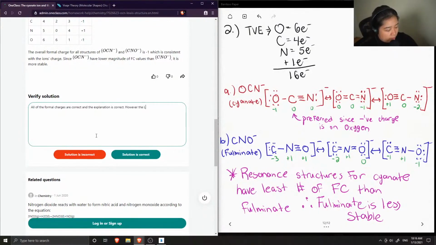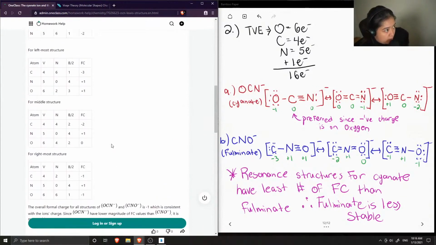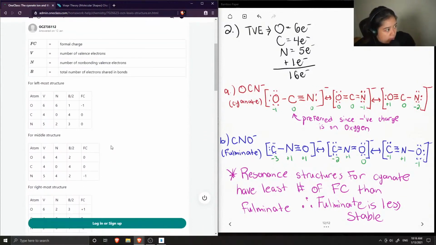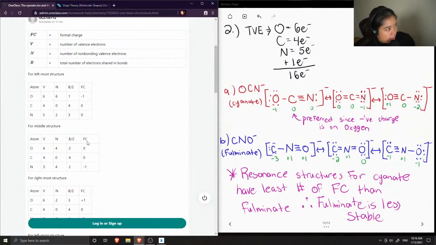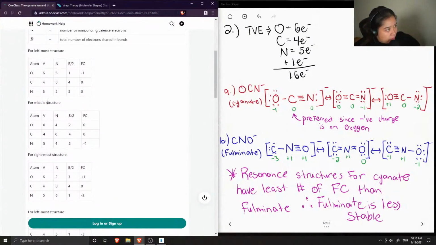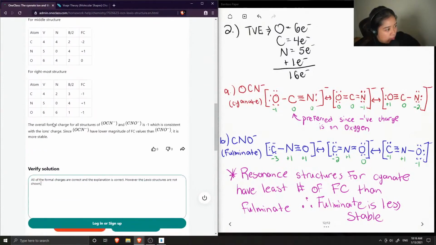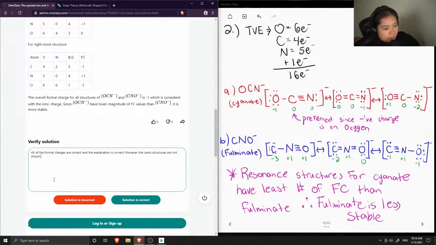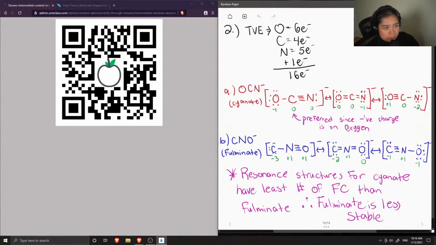However, the Lewis structures are not shown. So maybe it's a technical difficulty, but I'm just going to say this solution is incorrect just so that we can see what the issue is. But it looks like they really labeled which structure is which and showed all the different formal charges, but we just can't see the Lewis structures for some reason.